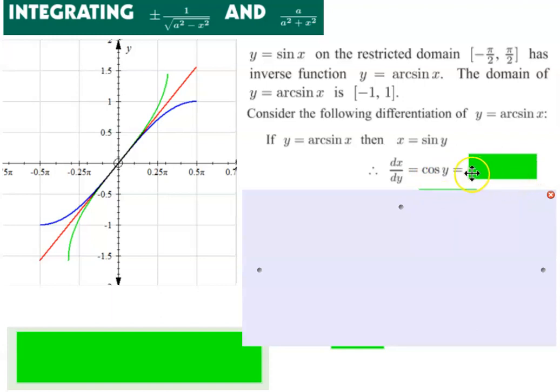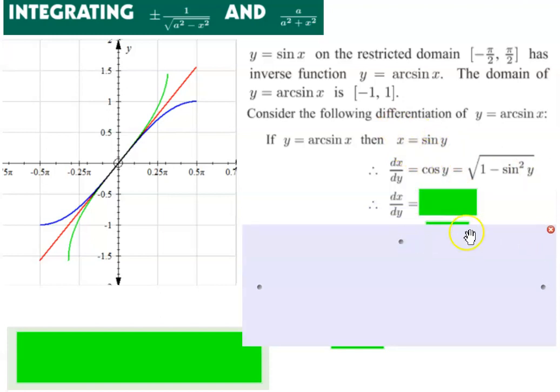Remember that cos y is equal to the square root of 1 take sine squared, and that comes from the sine squared plus cos squared equals 1 formula. Now, I can replace sine squared y by x squared. So we're left with dx on dy equals the square root of 1 take x squared.